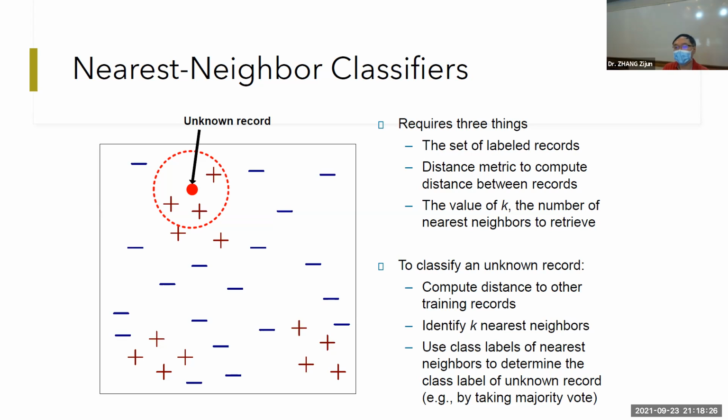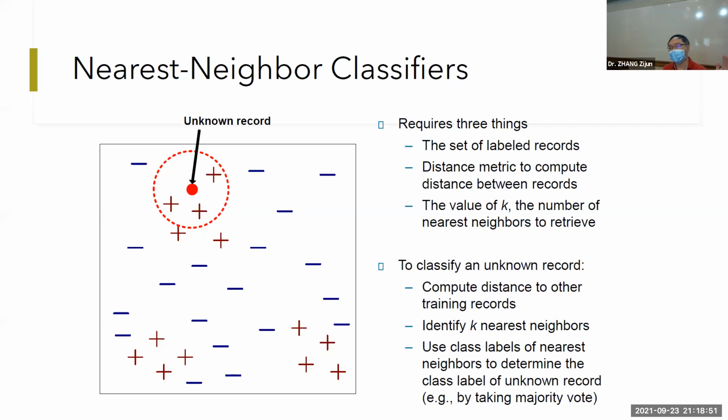Another point is that you need to do it for every unknown data point. If you want to test a big unknown data set which has 1 million records, every data point in this testing process has computational requirements.